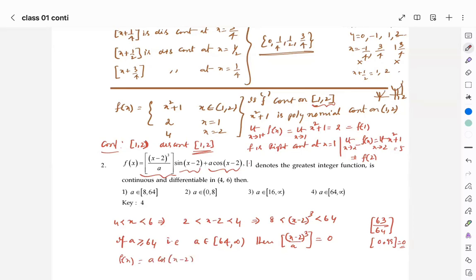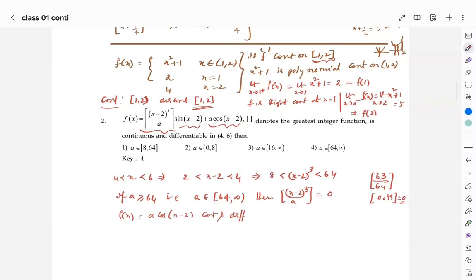A is a constant, x minus 2 is a polynomial, continuous, and I didn't discuss differentiability, all polynomials are differentiable. So the answer is a belongs to 64 to infinity. Then it is continuous as well as differentiable everywhere.